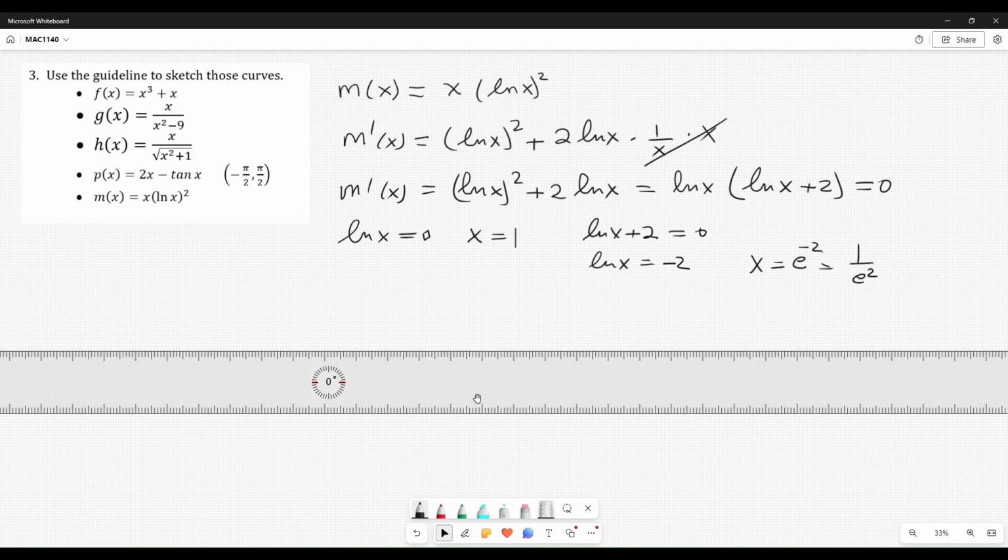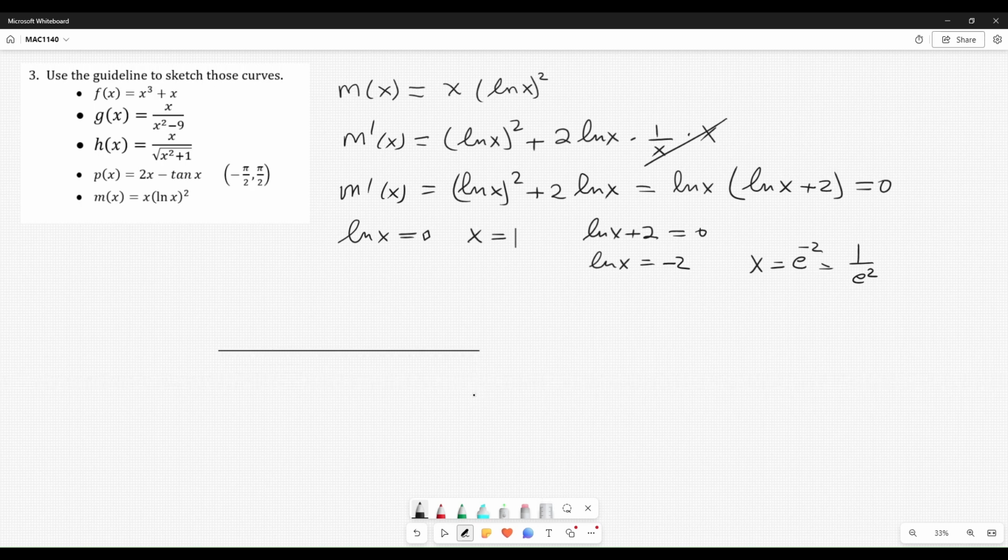and I want to investigate in the first derivative test what happened in 1 and 1 over e squared. By the way, 1 over e squared is approximately 0.135 in decimal, to have some idea where that is.